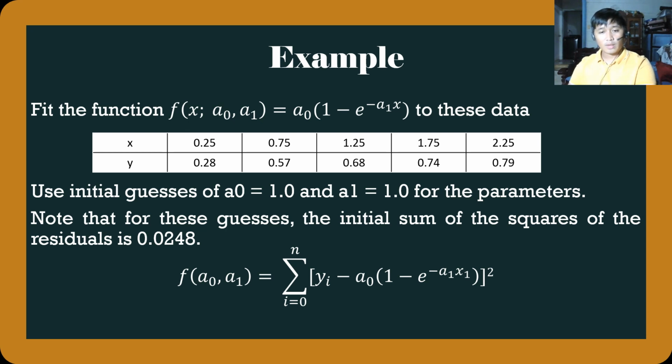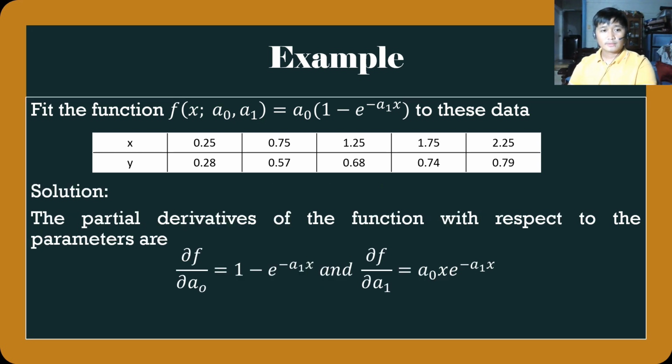By squaring and summing up all the values, we can derive this answer, 0.0248. So that was just an initial guess, and what we have derived is the sum of squares of the residuals.